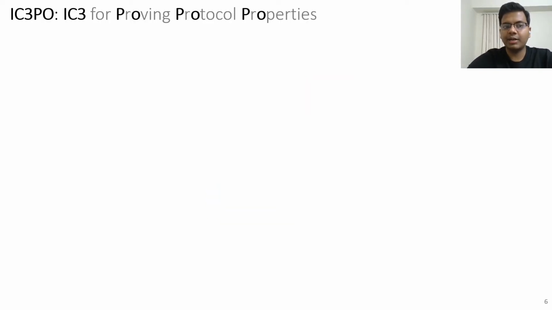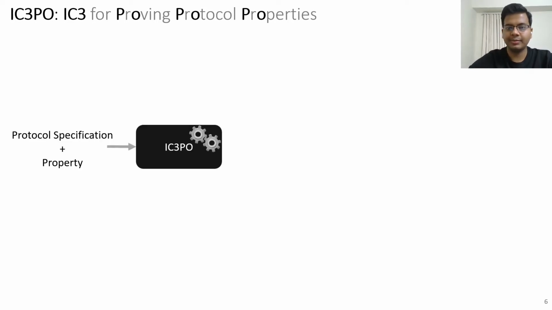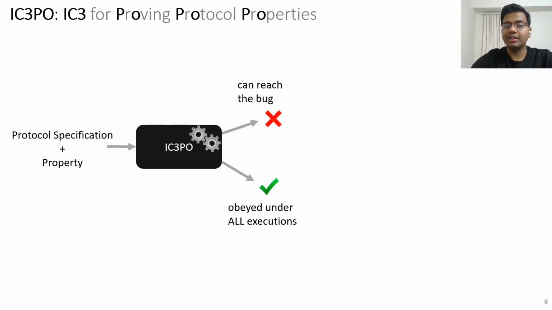I will present a model checker called IC3PO that can automatically verify such distributed protocols. Given the protocol spec and the safety property, IC3PO performs an automatic analysis and exploration of the state space, and finally outputs whether the protocol is OK or says no, it can fail the property.